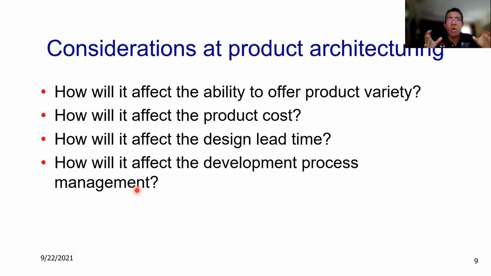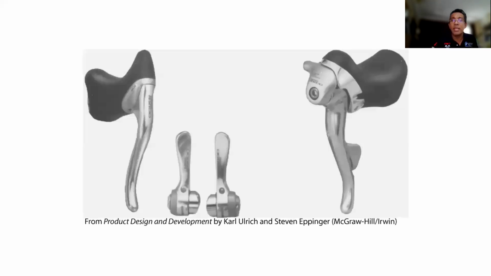So that is what we need to answer during this class when we consider the product architecture. I hope you can relate all these questions during my class, and then you can find out how to offer various product variety, production cost, lead time, and development process management.